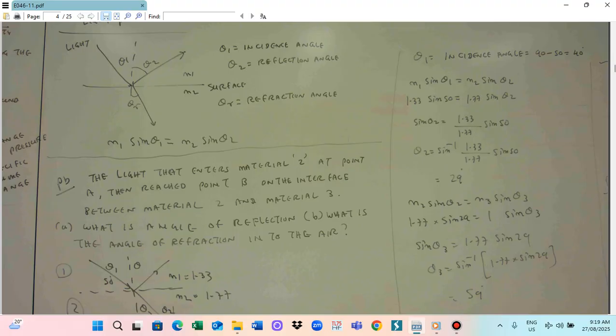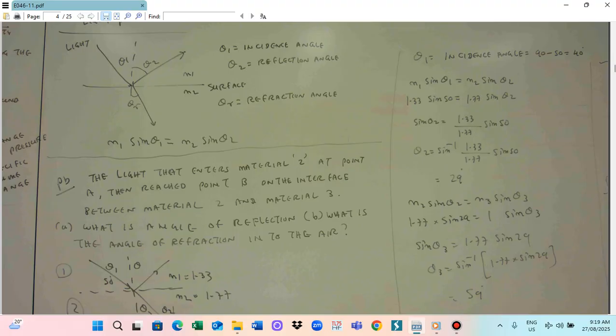This angle theta 2 is also the angle theta 2, the same, so theta 3 can also be calculated. For this, n2 sin theta 2 is equal to n3 sin theta 3. N2 is 1.77 and sin theta 2 is sin 29.